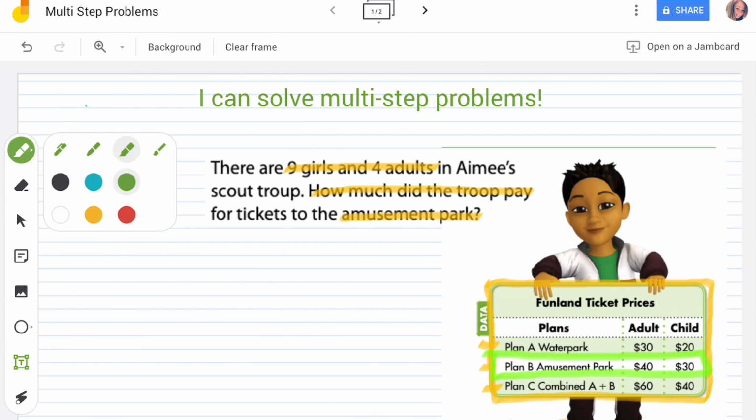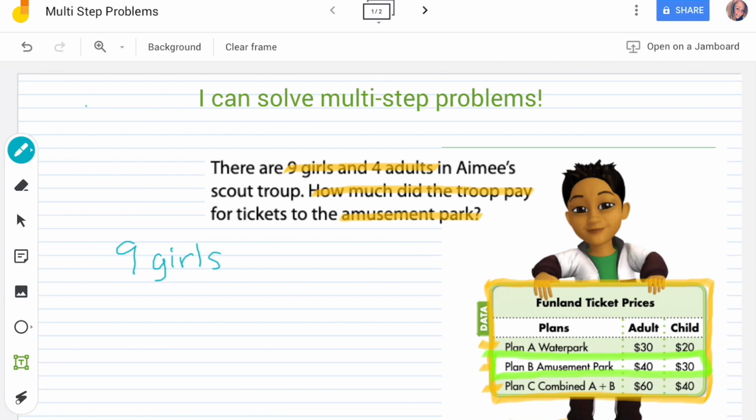So let's start working this problem out. I know that I have 9 girls, and according to this table, each girl costs $30. Oops, not girls. I made a mistake. Let me erase that.